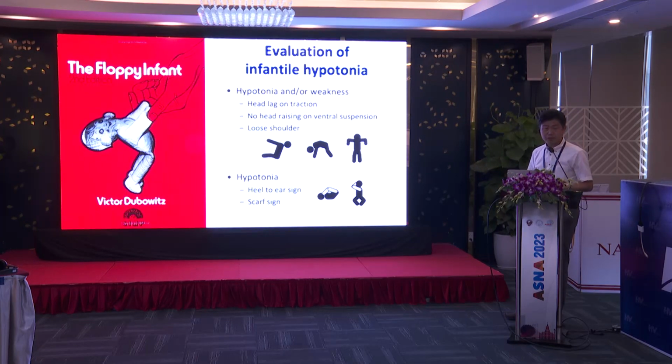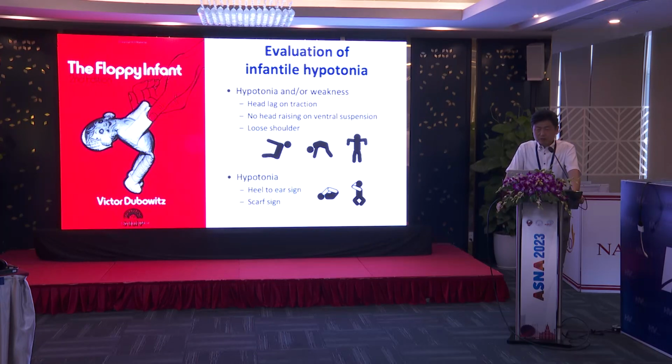or infantile hypotonia. But you have to be a little bit careful because even with muscle weakness, they show head lag, and also this type of changes and loose shoulder. And well, it's not really emphasized, but in my experience, loose shoulder is sometimes very useful, even in adult patients.